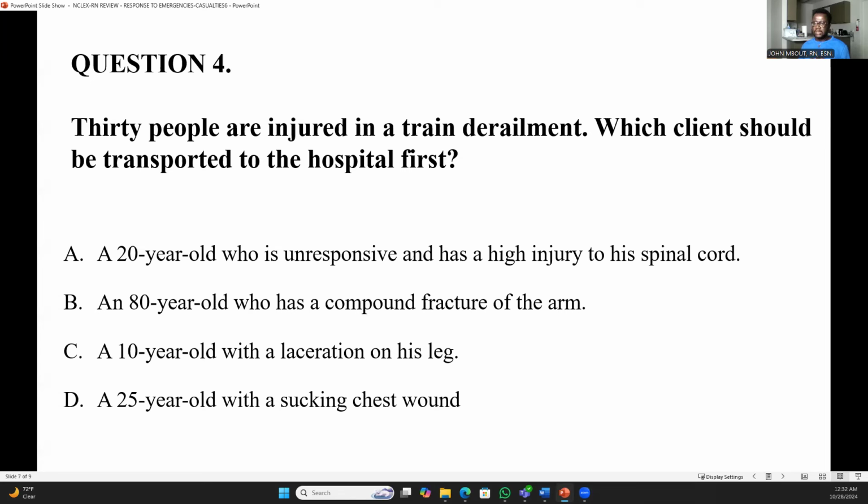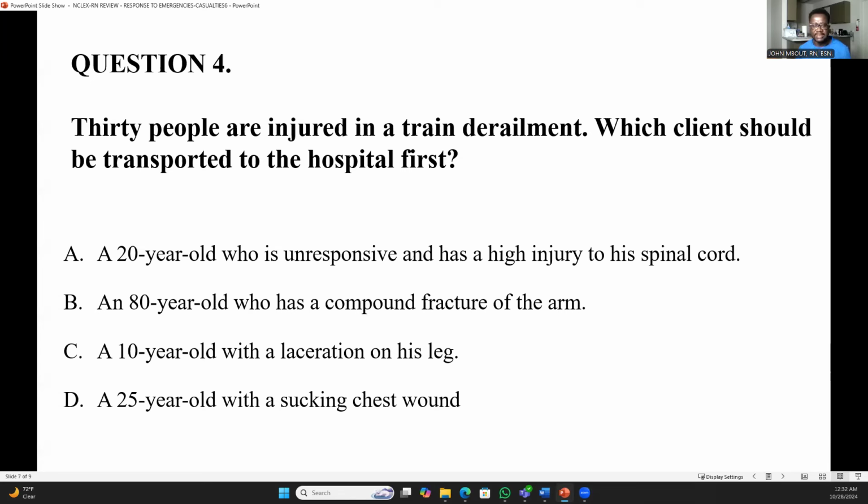B, an 80-year-old who has a compound fracture of the arm. C, a 10-year-old with a laceration on his leg. D, 25-year-old with a sunken chest wound. Which is the right option?